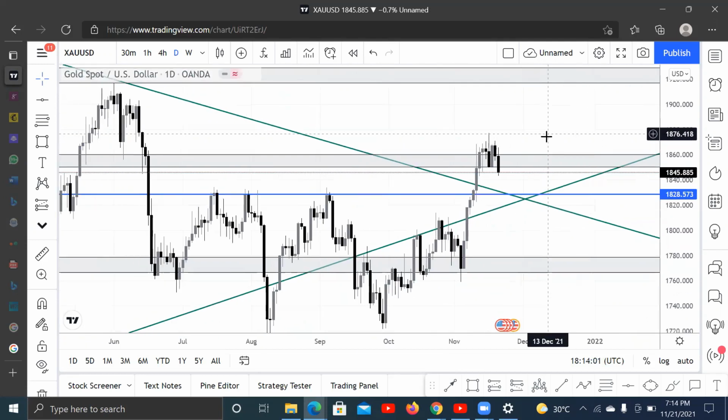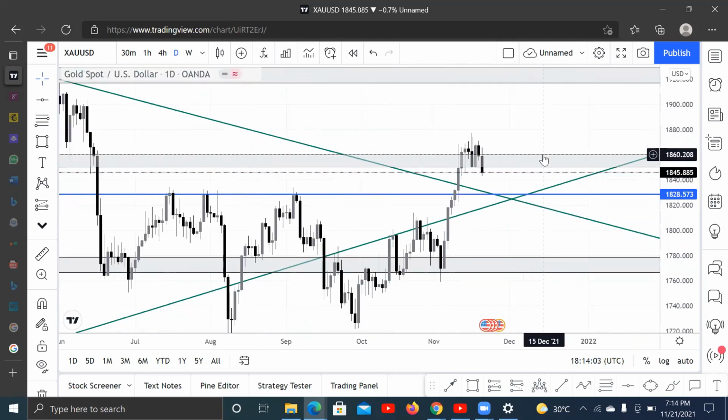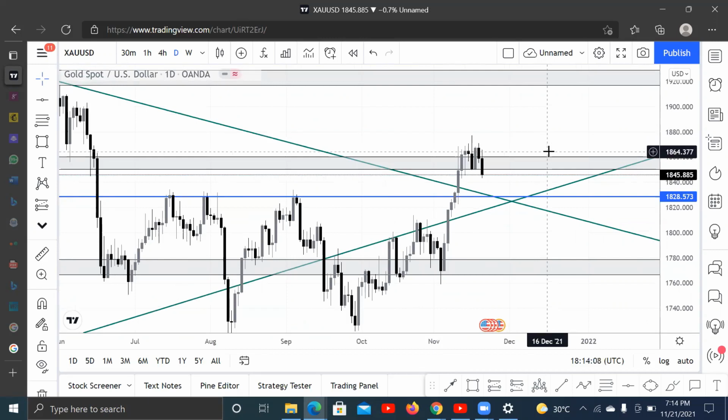Now this is like a third confirmation that I am looking for gold buys. But now that you already have in your mind that you are looking for gold buys, the thing you should be looking out for next is the execution.